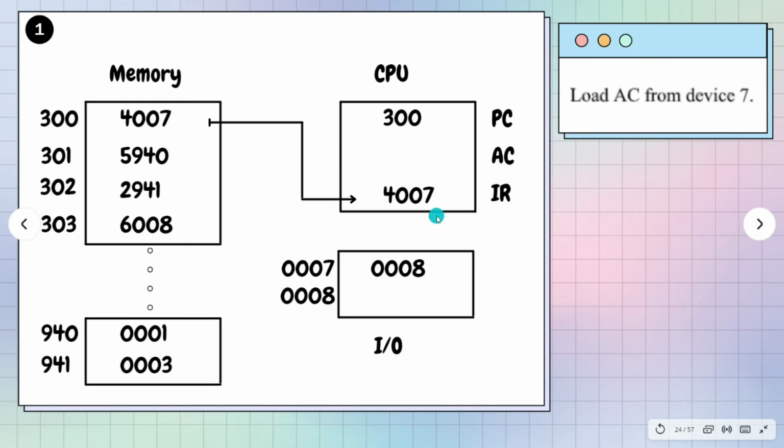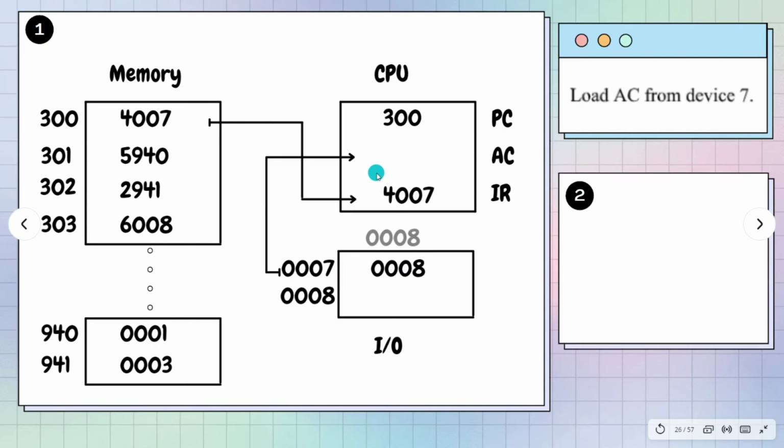So now we will load the AC from device 7, which means we're going to look for device 7 and take its content and put it in the AC.